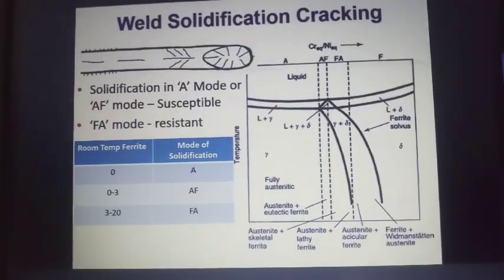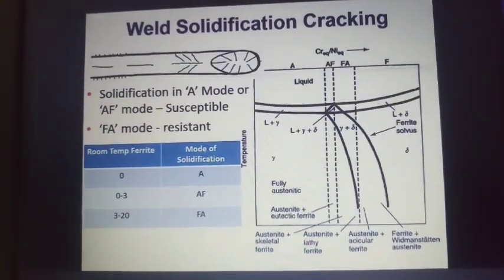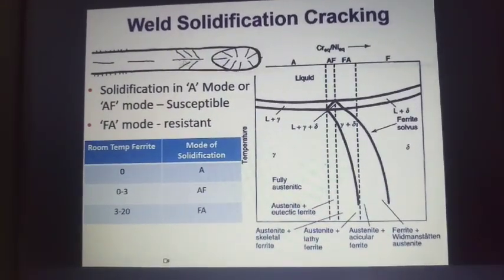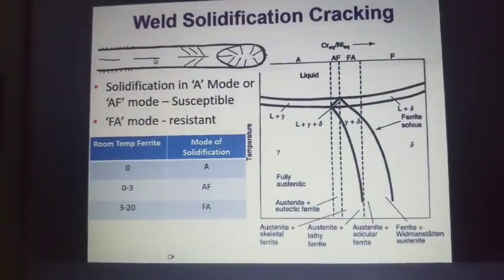This happens when, immediately after welding, you will find cracks in the center line. This is called center line cracking or solidification cracking.